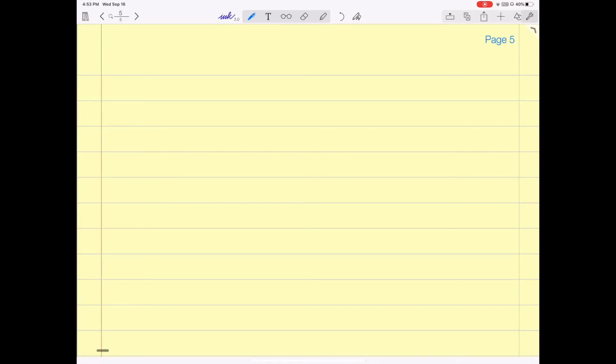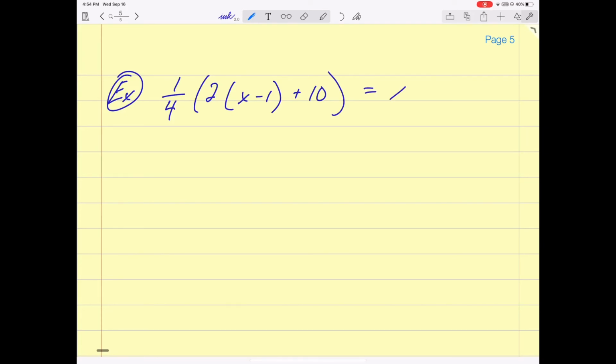Okay, so for this next one, let's do a problem that has 2 distributions. So let's go 1/4 times (2 times (x minus 1) plus 10), and that equals x.